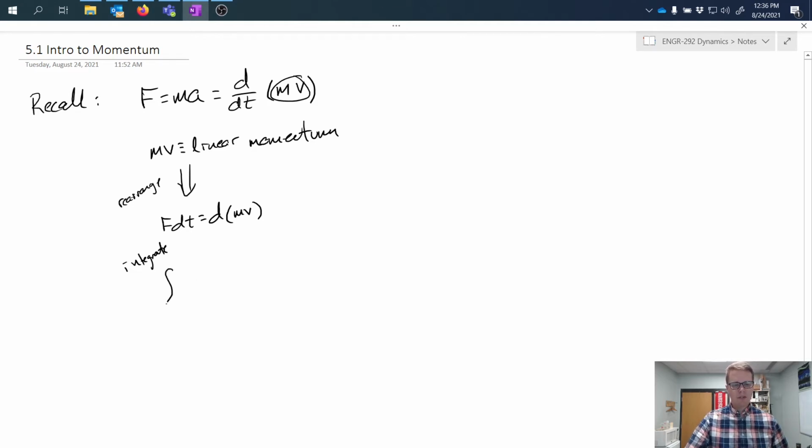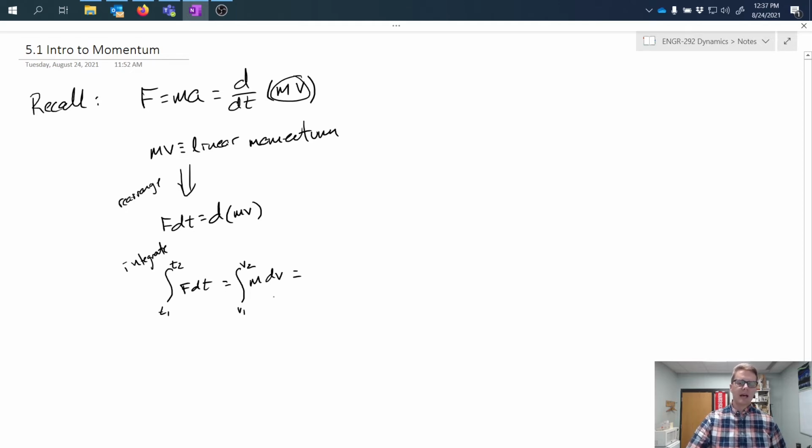So we have the integral from t1 to t2, over some span in time, of F dt, and we do the same of mass with respect to velocity, going from v1 to v2, so we're experiencing some change in v.